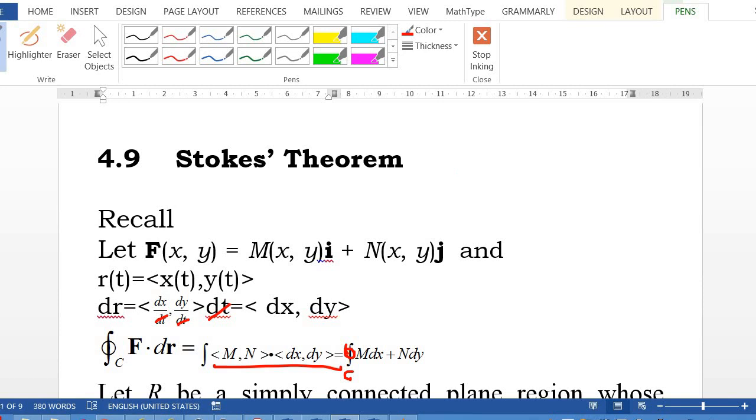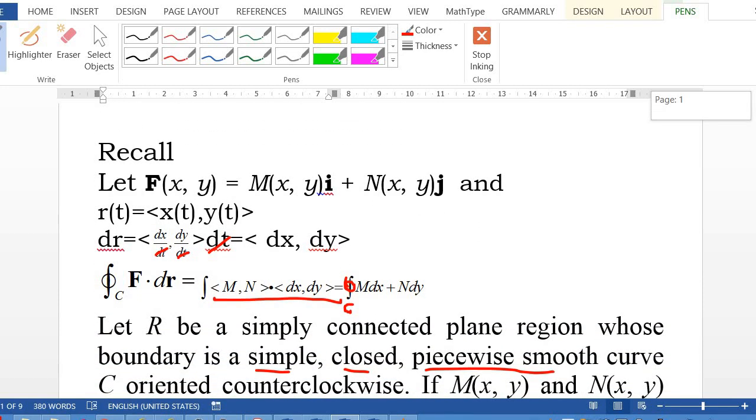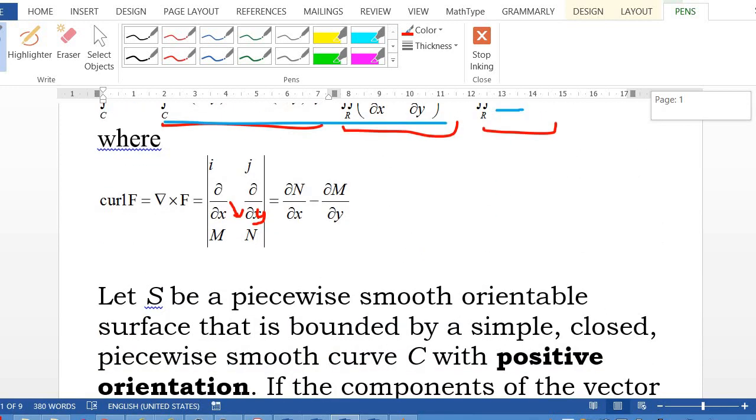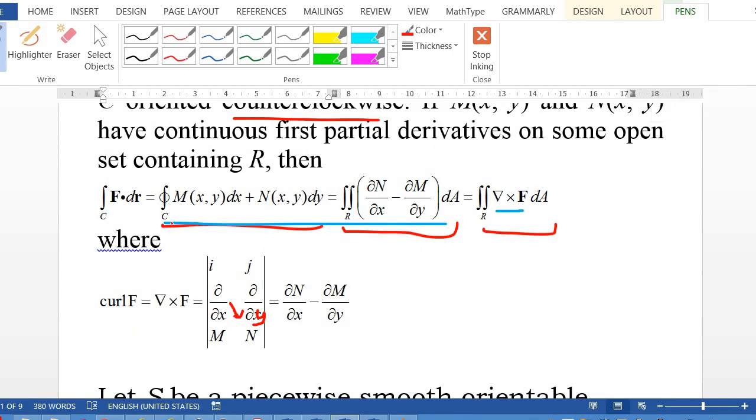The Stokes theorem actually is a 3D Greens theorem. To conclude, the 2D Greens theorem is the blue color here, and the line integral of differential form is actually equivalent to the line integral of vector field, and del N del x minus del M del y is actually equivalent to the curl of F. If the curve C is in 2D and closed anti-clockwise, then we can use Greens theorem, the blue color here.